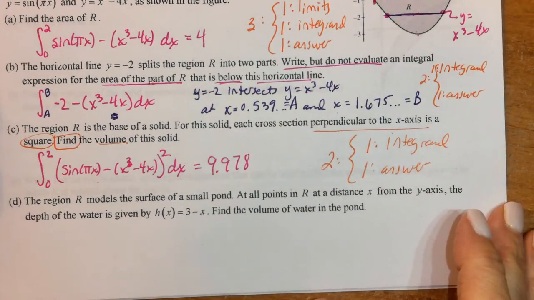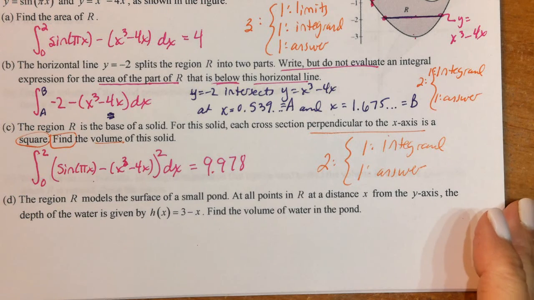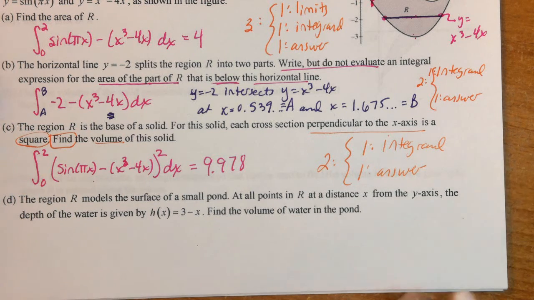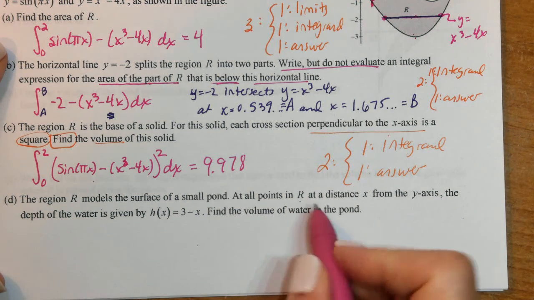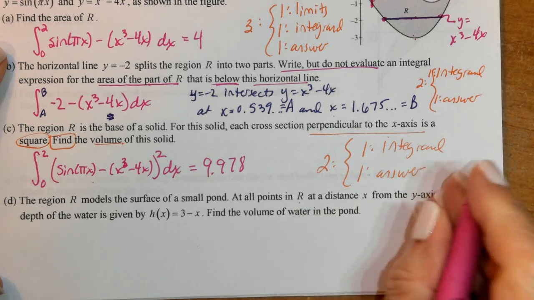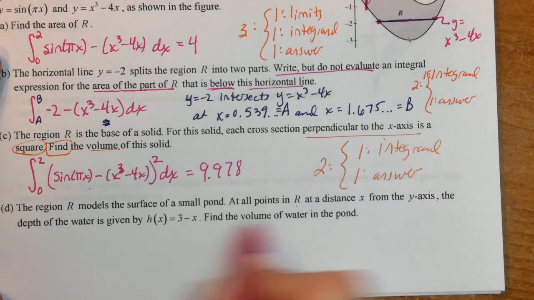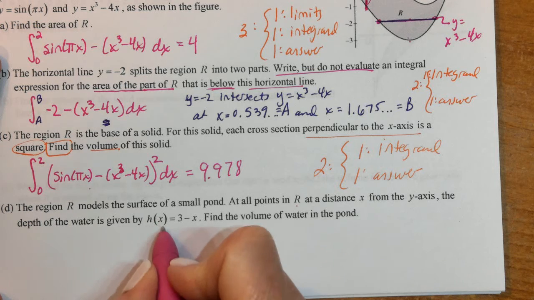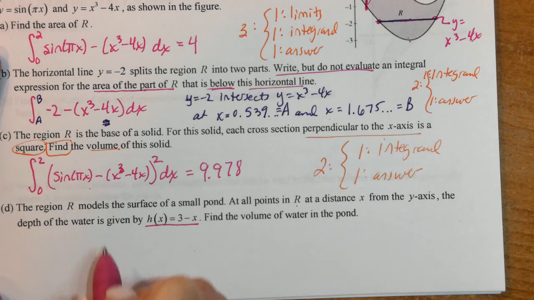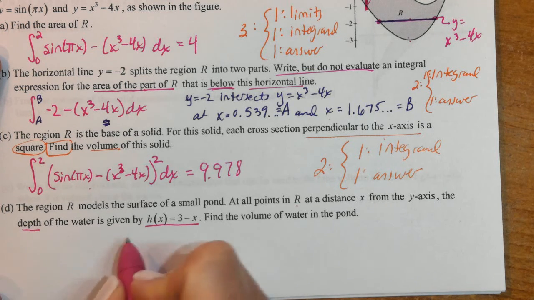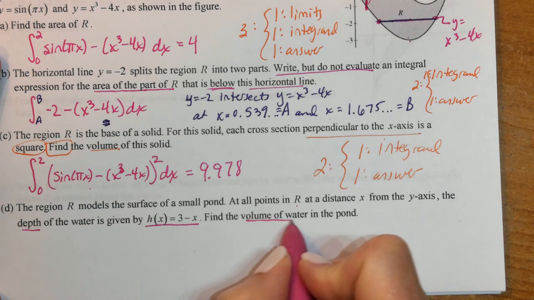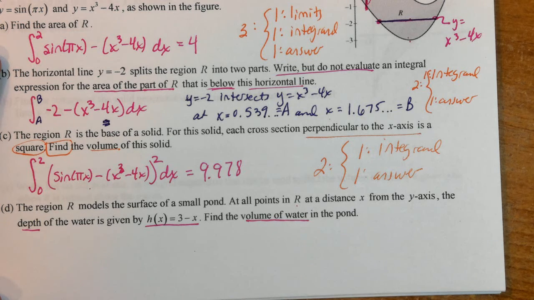Lastly, in Part D, Region R models the surface of a small pond. At all points in R, at a distance x from the y-axis, the depth of the water is given by this. So they're giving us the depth of the water. Find the volume of water in the pond.